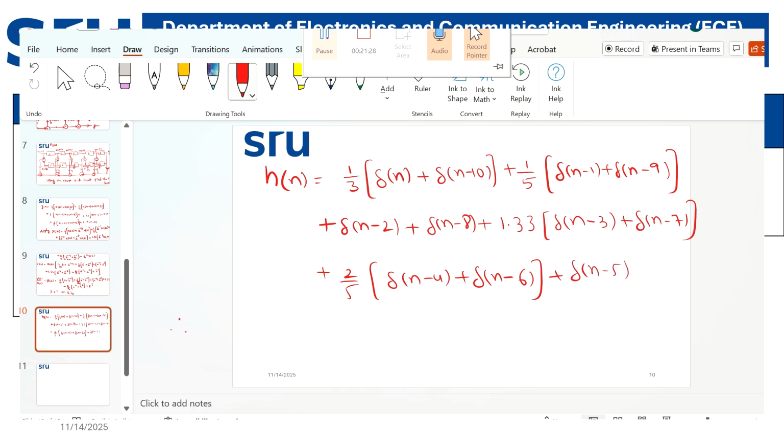Now therefore h of n is equal to 1 by 3 del of n plus 1 by 5 del of n minus 1 plus del of n minus 2.